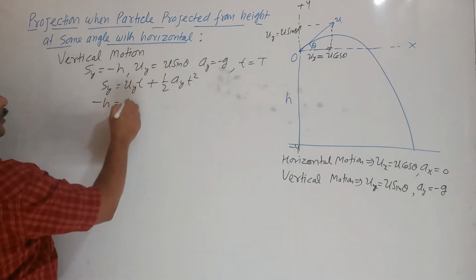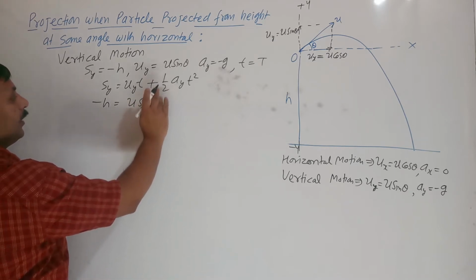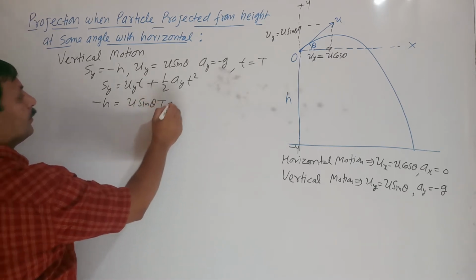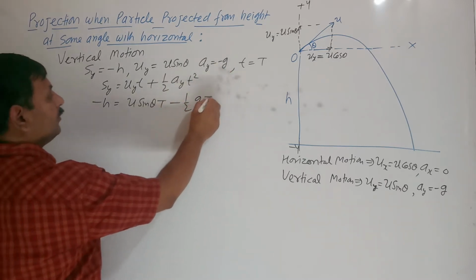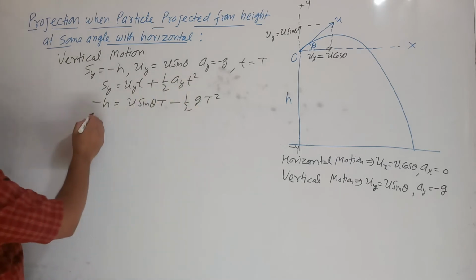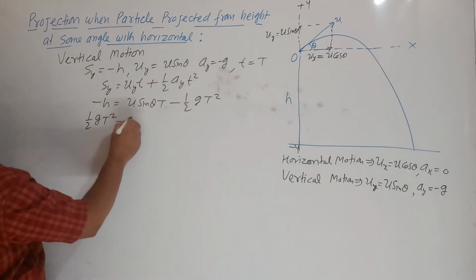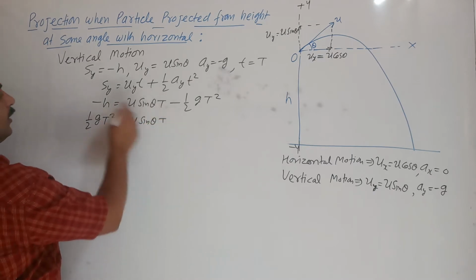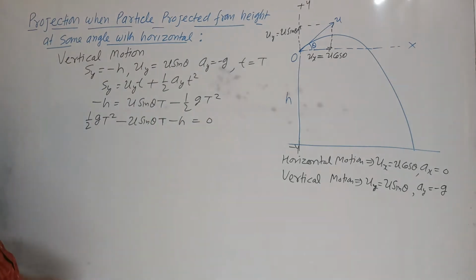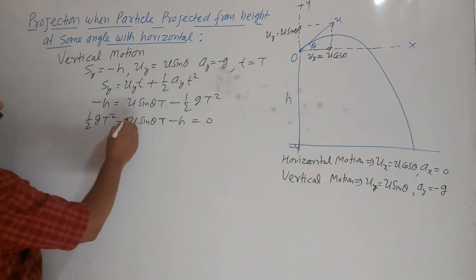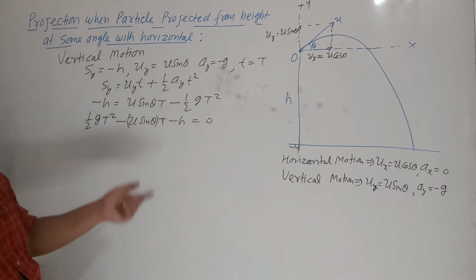So minus h equals u sin theta T, and ay is minus g, so this becomes minus half g T square. Taking everything to the left-hand side, half g T square minus u sin theta T minus h is equal to 0. From here, this will be a quadratic equation. By this quadratic equation, we can find the time of flight.